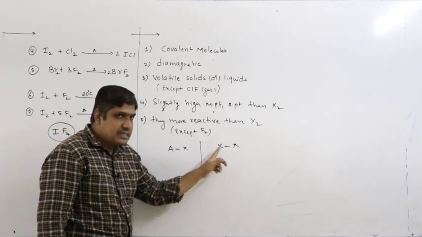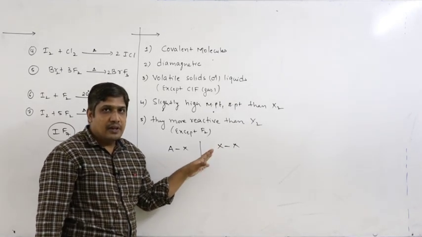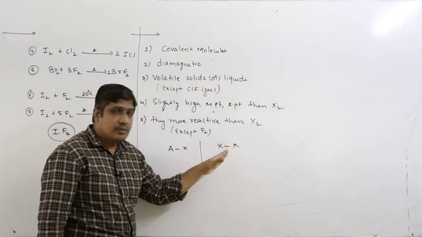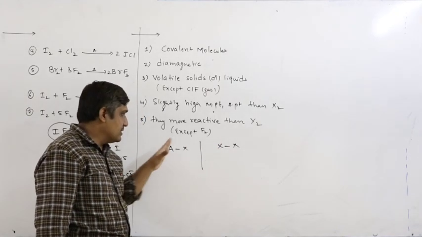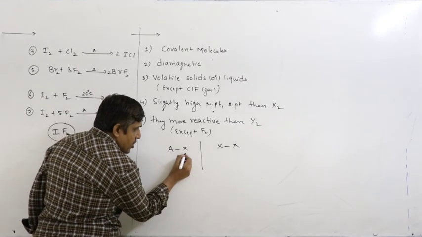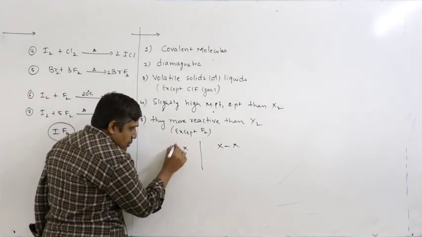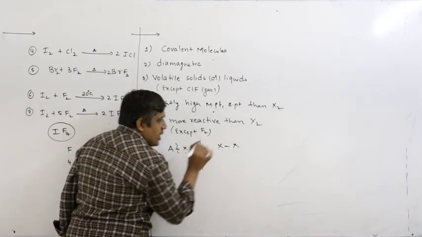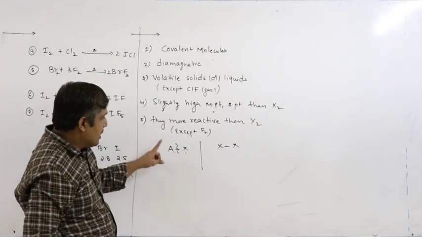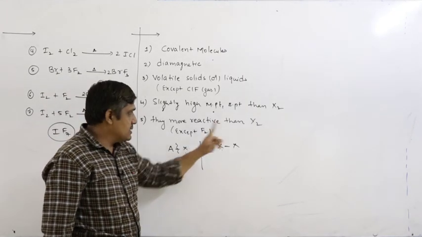But here, with the same halogen atoms, the extent of overlapping is good, thereby the energy required to break the X2 bond is higher than AX. So in simple language, the AX bond is weaker than the XX bond. That means it is easy to break the AX bond compared to the XX bond. That is why interhalogens are more reactive than X2 except F2.